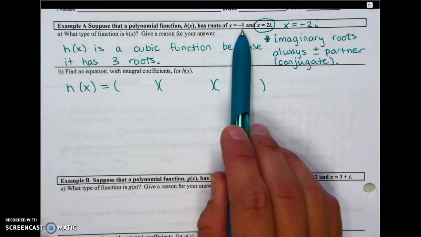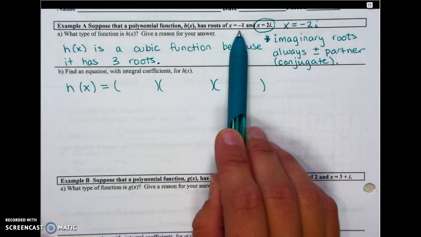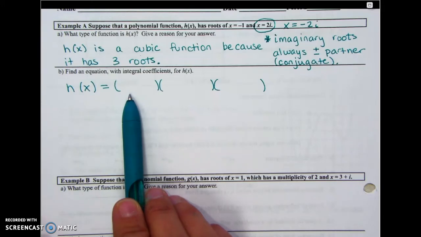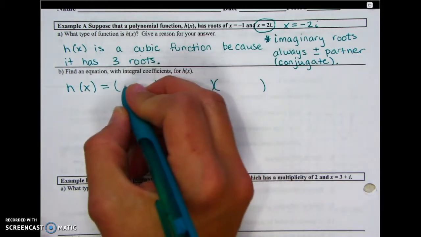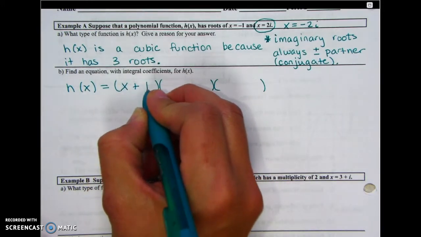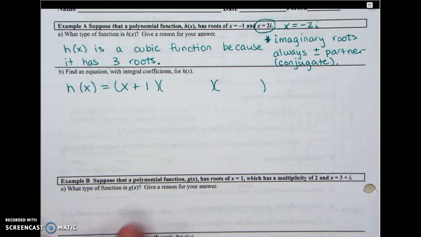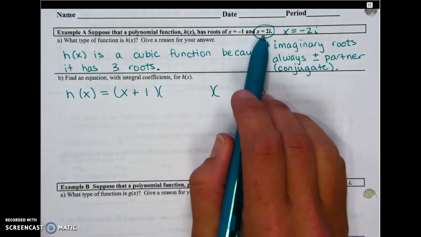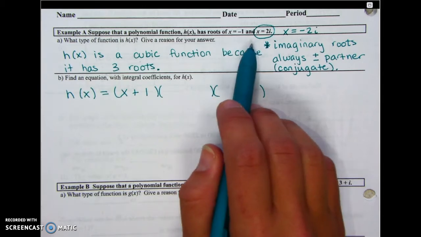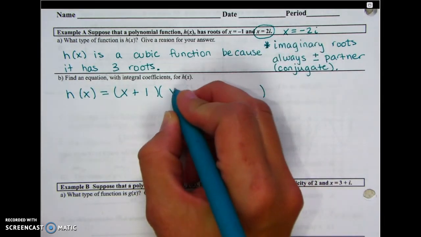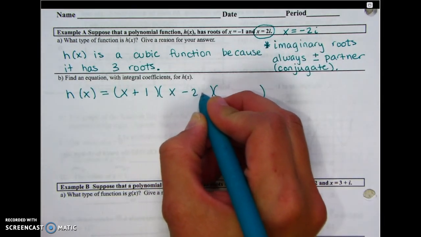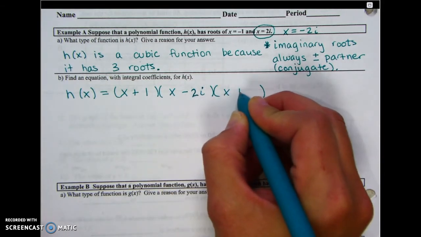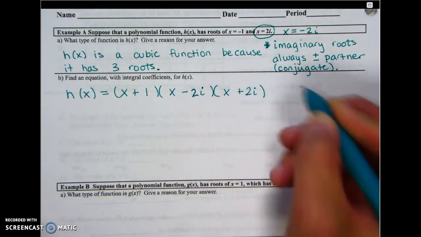If x equals -1 is one of the roots, what factor did that come from? X plus 1, right? Okay. What about this x equals 2i? Well, we're going to do the same thing. So we're going to say x minus 2i, and then x plus 2i.